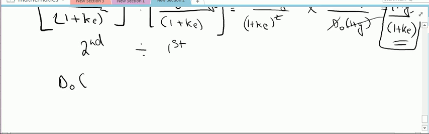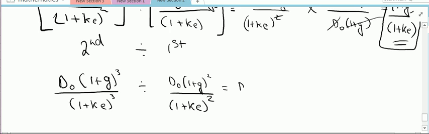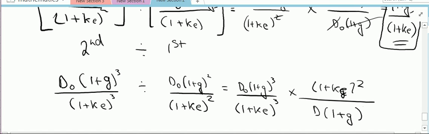Let us check it for the third term, which is d0 (1 plus g) cube divided by (1 plus ke) cube, divided by the second term, which is d0 (1 plus g) square divided by (1 plus ke) square. It will be d0 (1 plus g) cube divided by (1 plus ke) cube, multiplied by (1 plus ke) square divided by d0 (1 plus g) square.